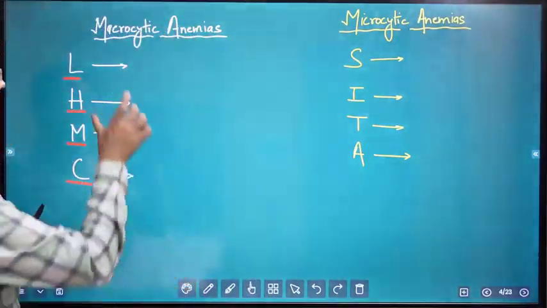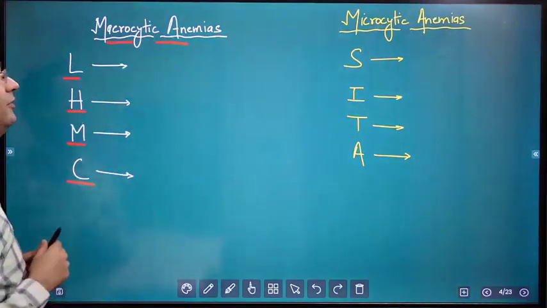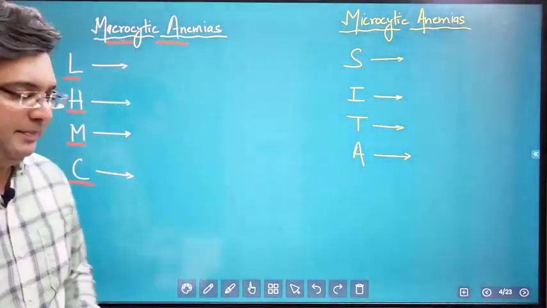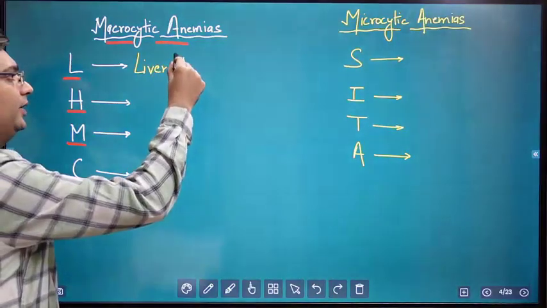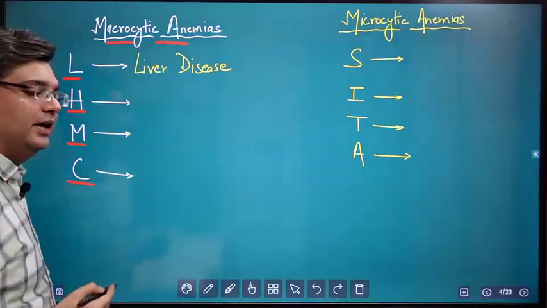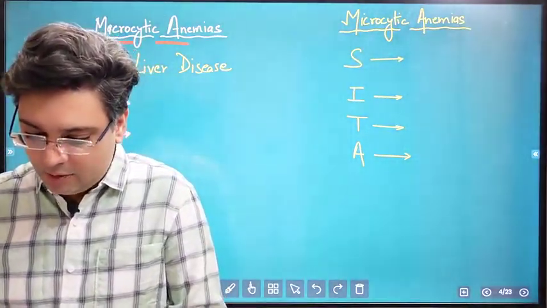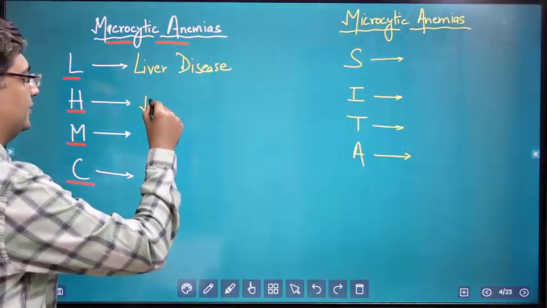So just remember, LHMC is Lady Hardinge Medical College, and we're going to talk about macrocytic anemias. What is L here? L basically is liver disease. Okay, so in liver conditions and liver diseases, we can have macrocytic anemias. What is H here? H here is hypothyroidism.